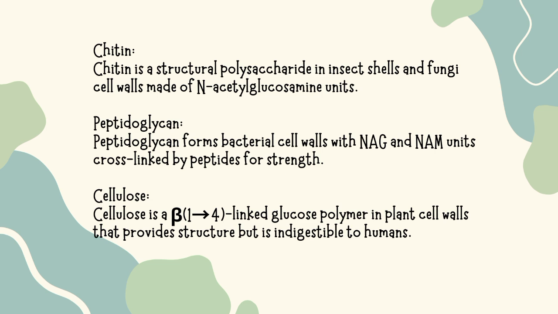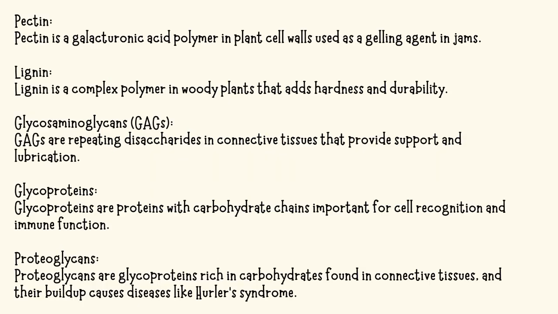It is made of NAG and NAM units linked by peptides, giving the wall rigidity and strength, while cellulose is a beta 1 to 4 linked glucose polymer found in plant cell walls. It provides structure and support, but humans cannot digest it. Pectin is a polysaccharide made of galacturonic acid found in plant cell walls. It is used as a gelling agent in jams and jellies.